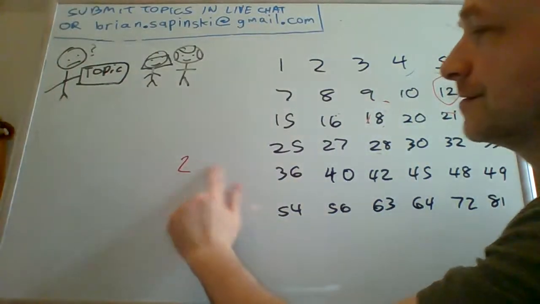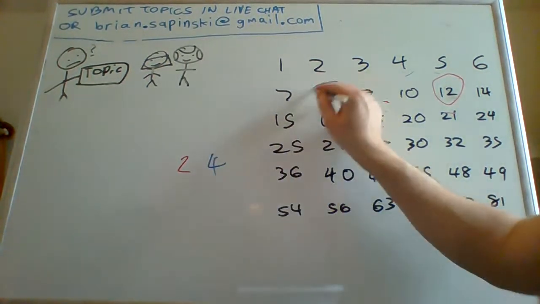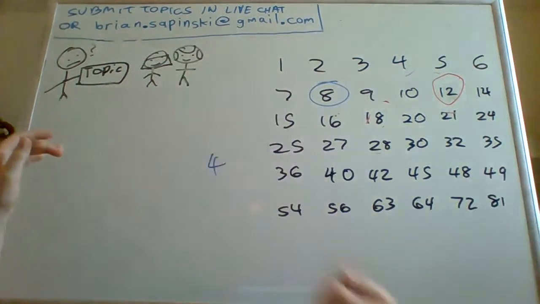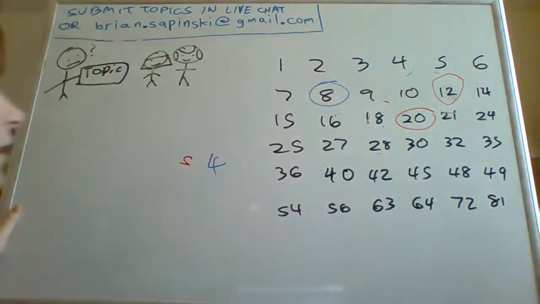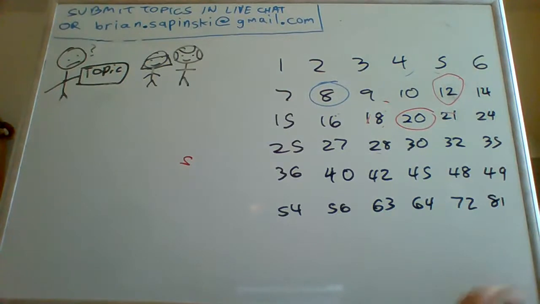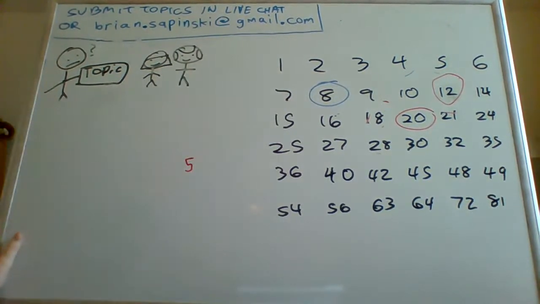Okay. How about, okay, I'll go for 8. 5. 20. Oh no! Okay, you could do that. How's that 5? Yeah, fix your 5, it looks like a backwards 2.